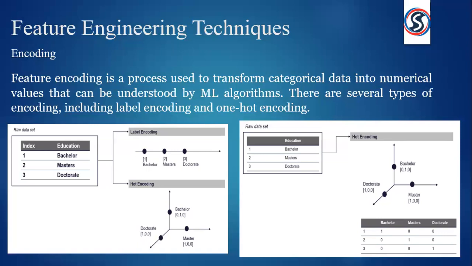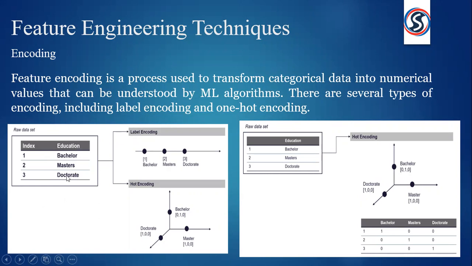The first one we are seeing here is encoding. What does encoding say? Feature encoding is a process used to transform categorical data into numerical values. In the example below, I have the education column which has bachelor's, master's, doctorates, graduation, 10th pass, 11th pass. Lots will be there.